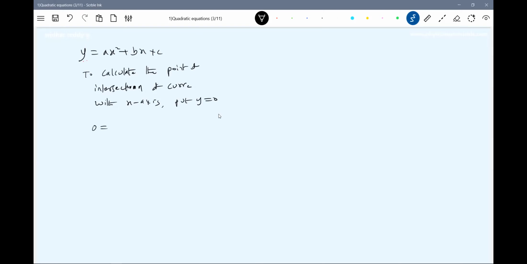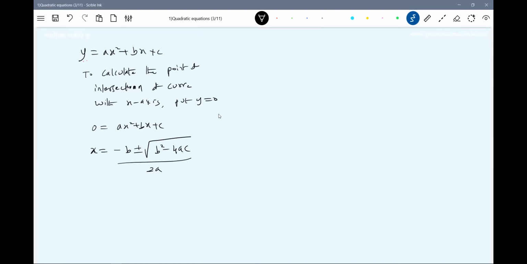So let me write y equal to 0: ax square plus bx plus c. We have a direct formula. What are the possible values of x? X is equal to minus b plus or minus square root of b square minus 4ac, by 2a.